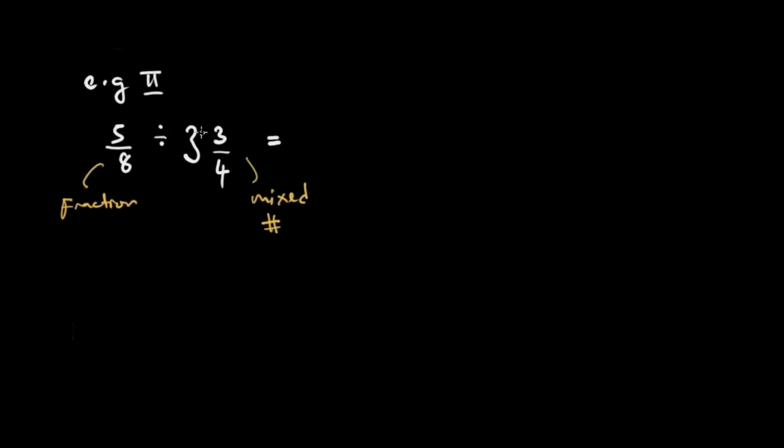Mixed in the sense that it is a whole number, then 3 over 4 is a fraction. So we have thought of either converting 5 over 8 into a mixed number, or converting 3 and 3 over 4 into a fraction. We just want things to be alike. But as a rule of thumb, we will convert a mixed number into a fraction.